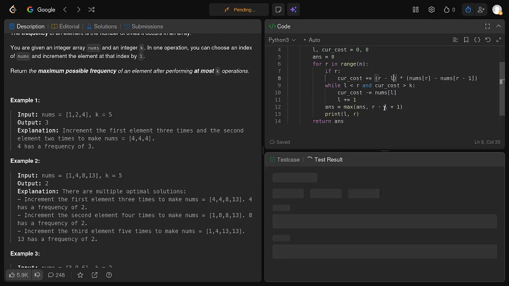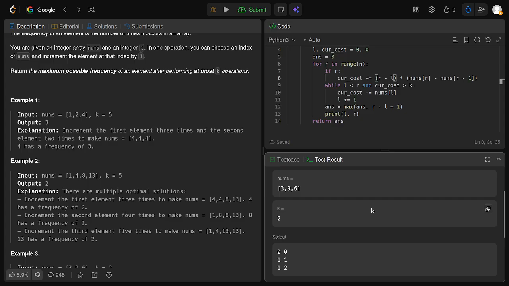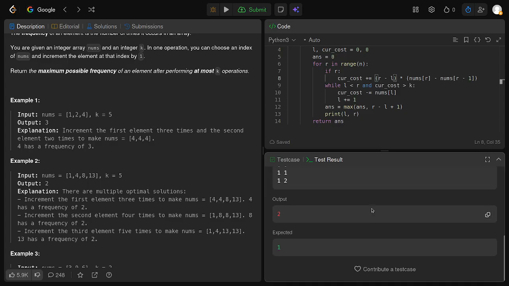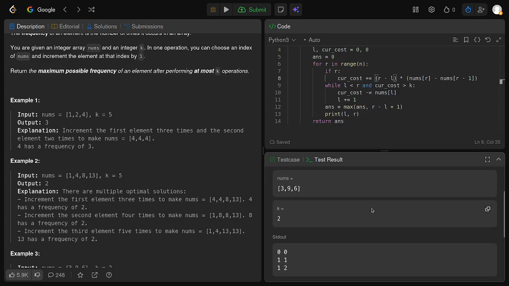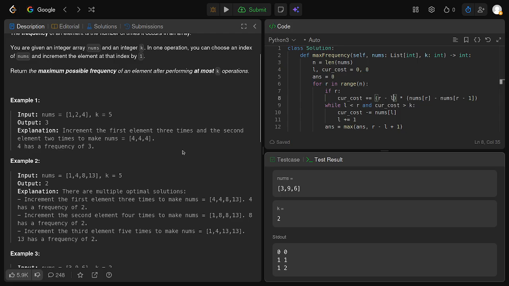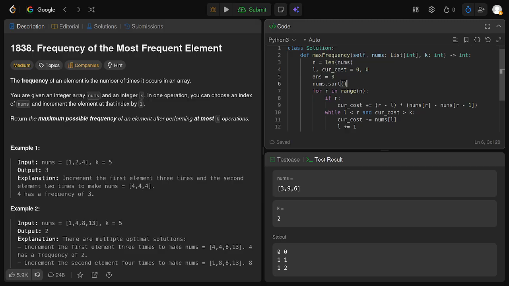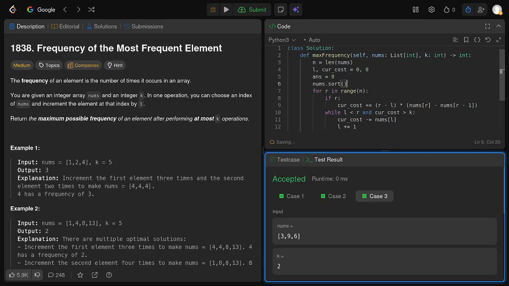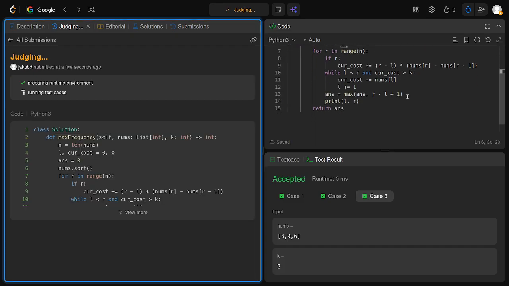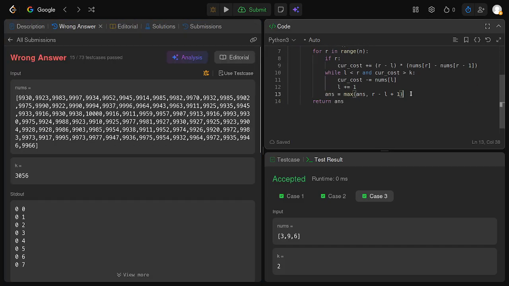Like this, I think. And now this one doesn't work, that's great. Oh, they are not sorted. Now it should work. Okay. Now I'm printing.